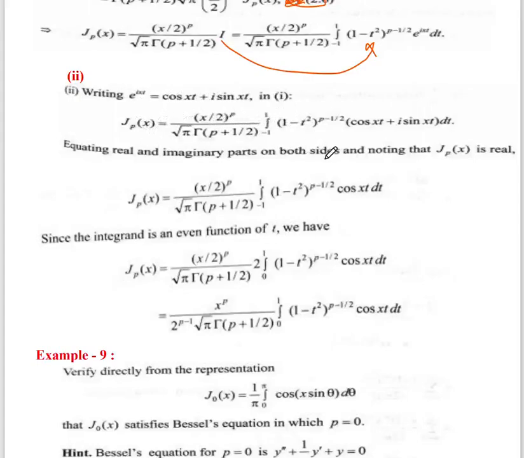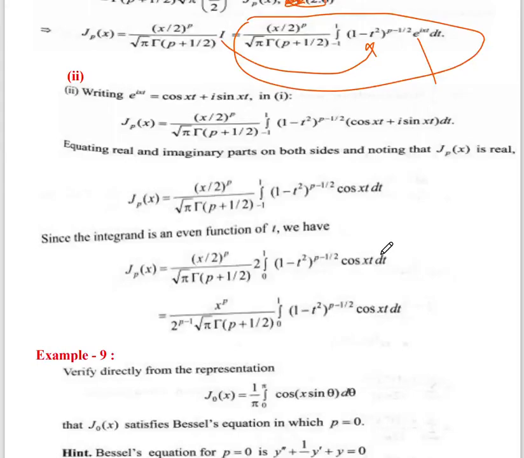Then equation number 1 becomes jp of x equal to x by 2 to the power p, and in this result we will put e raised to power ixt, so we get cos xt plus I sin xt dt, and all the remaining terms are as they are. Now we will equate the real and imaginary parts on both sides.